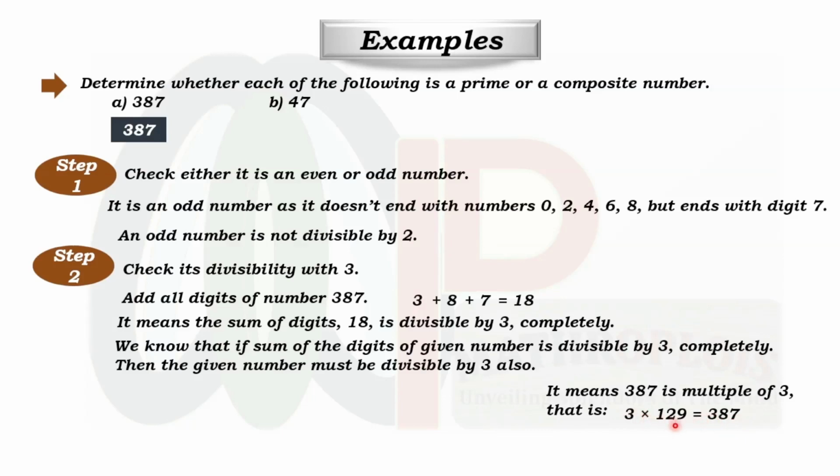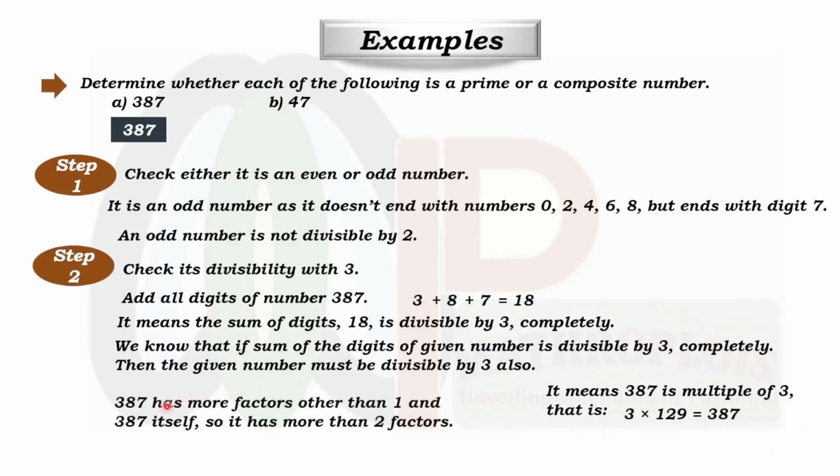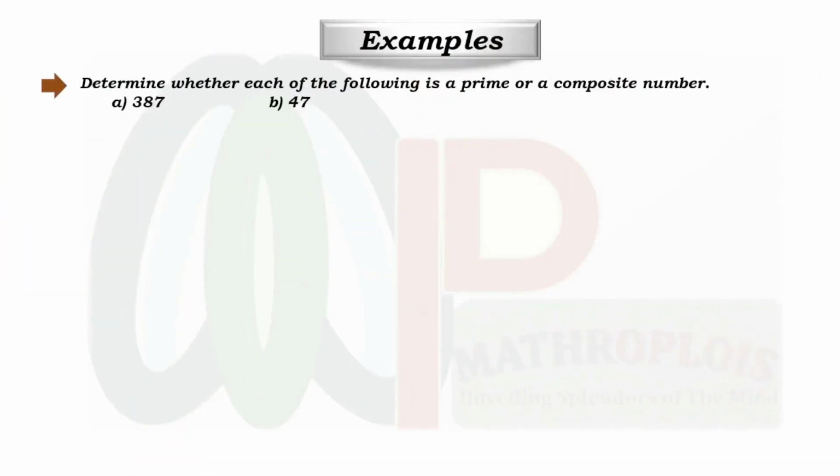Here, 3 and 129 are factors of 387, and 387 is a multiple of 3 and 129. It has been confirmed here that 387 has more factors other than 1 and 387 itself, so it has more than 2 factors. As 387 has more than 2 factors, it is a composite number.